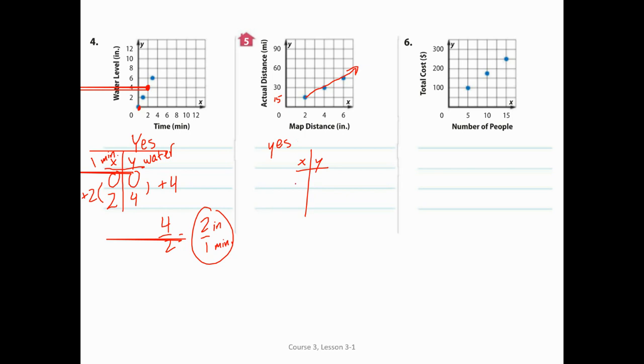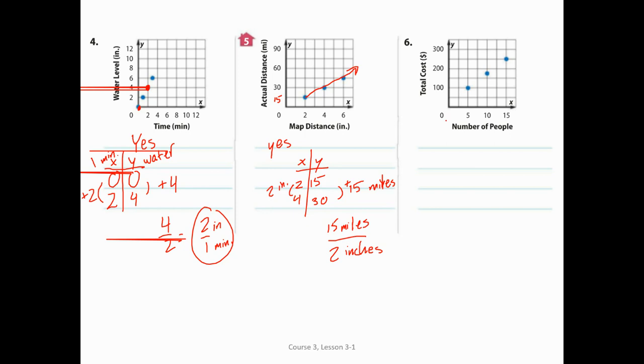So here you've got, when it's 2 inches on a map, it's 15 miles, and 4 inches on a map is 30 miles. So it looks like for every 15 more miles, it's 2 more inches. 15 miles for every 2 inches.